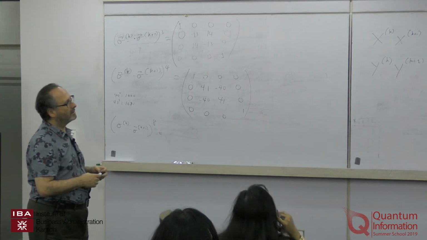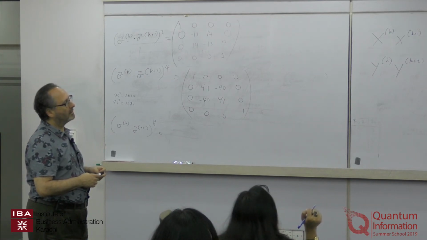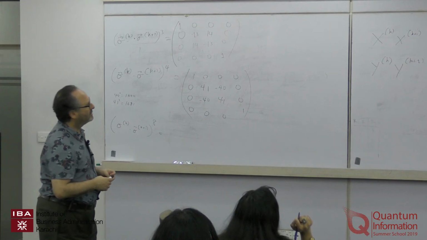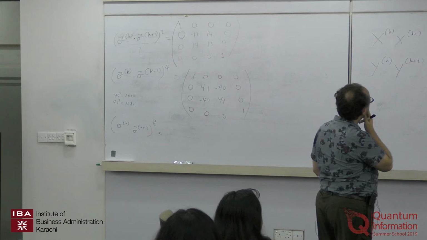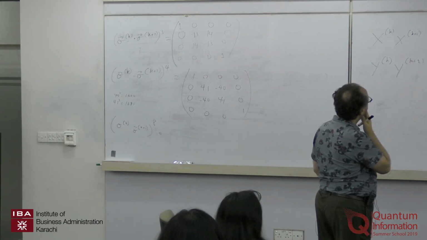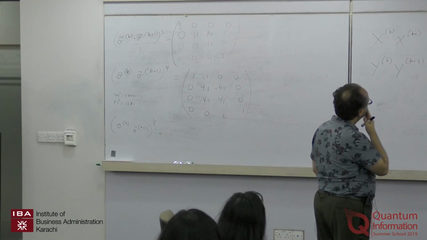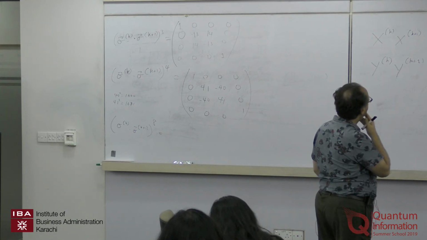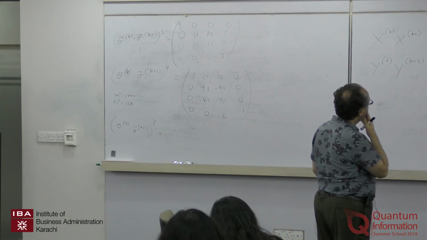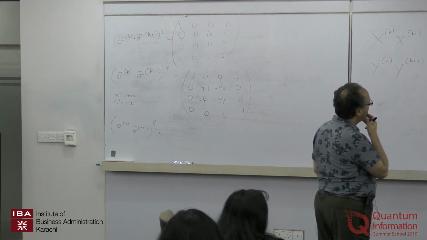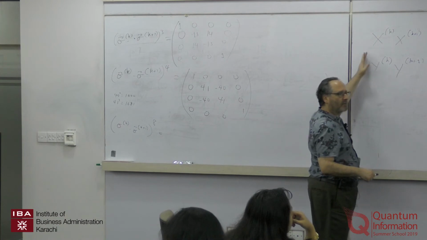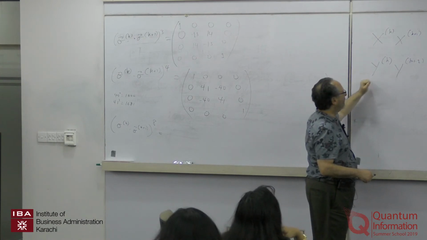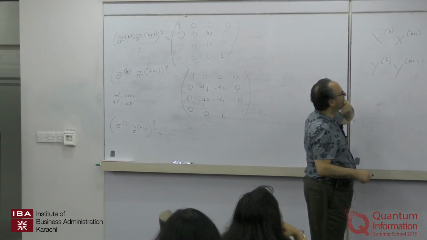Something's bugging me about this. It's got to be the cross terms, because if we do the square of this, the square works, and we get the cross terms.